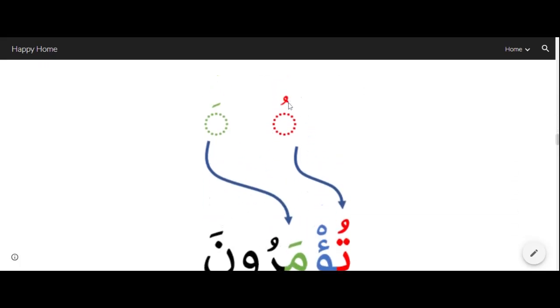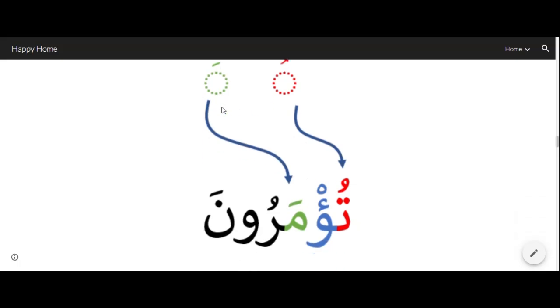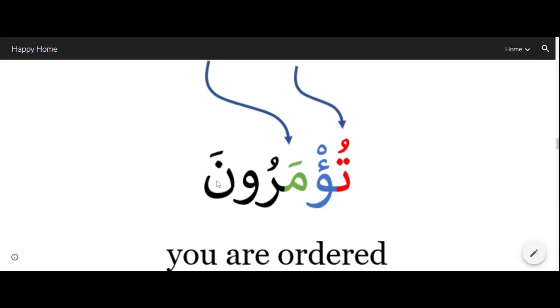For example, there is a dhamma at the start followed by a fatah. So tu'maroon is "you are ordered." Here there is a dhamma, there is a fatah. So if you can identify the present passive, whatever else is there belongs to the present tense.